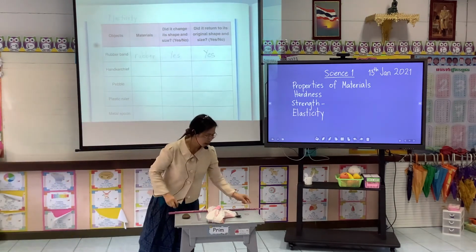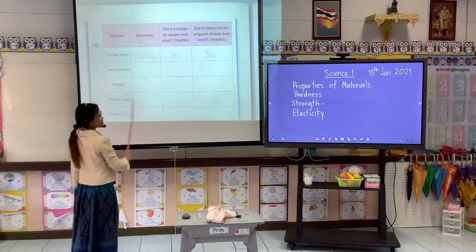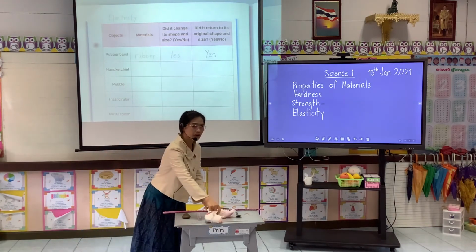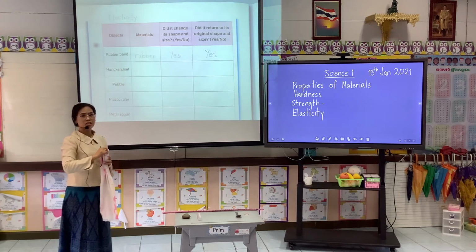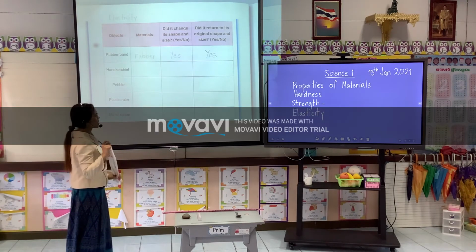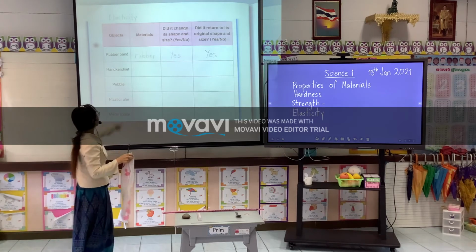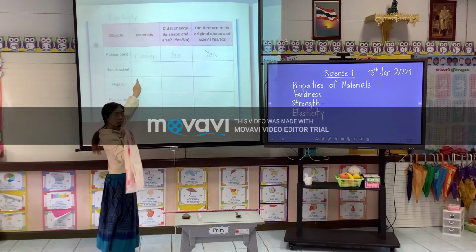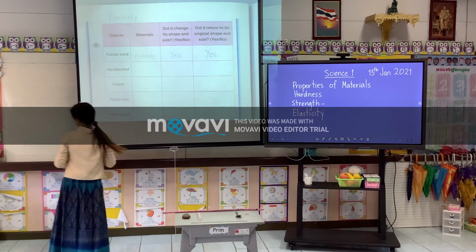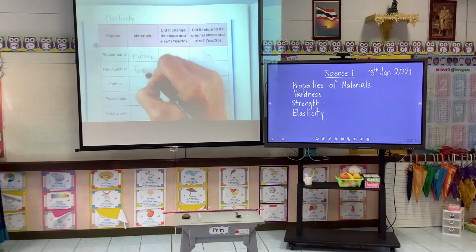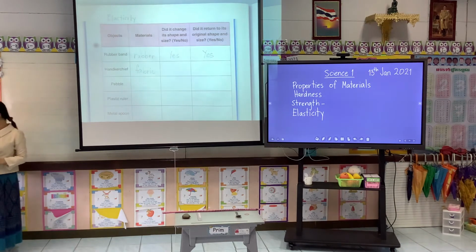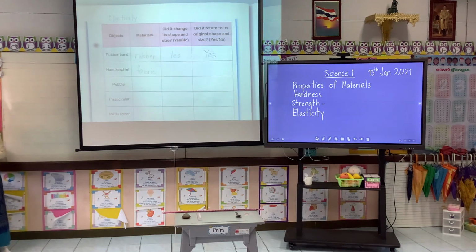Next one, the handkerchief, this cloth. This activity is about stretching, testing the elasticity. Handkerchief or cloth, what material? You already know it's made of fabric. Now, we stretch.